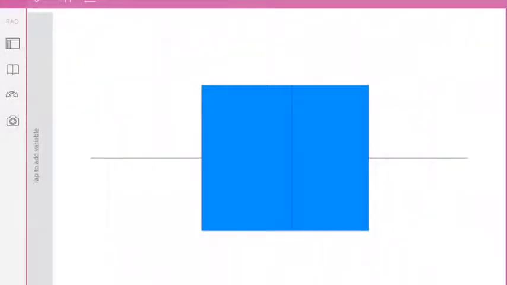Our dot plot doesn't tell us very much, so I'm going to change this to a histogram. I don't see any major skewness or outliers. I'm still not convinced. Let's try a box plot. Well, definitely no major skewness or outliers. It looks like a box plot is the best option for us to see all of that.